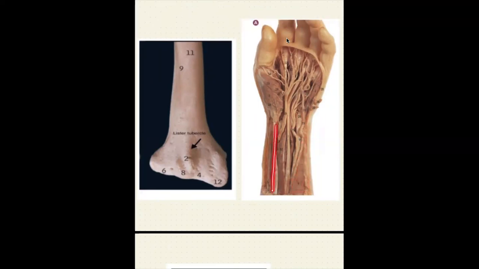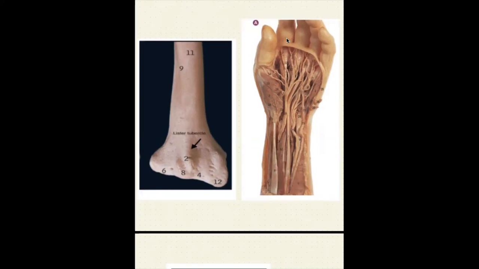Number 9 is flexor carpi ulnaris. Yes, that one is correct. There is no longus. This one is only flexor carpi radialis, right? Flexor carpi radialis, flexor carpi ulnaris. No longus, right?